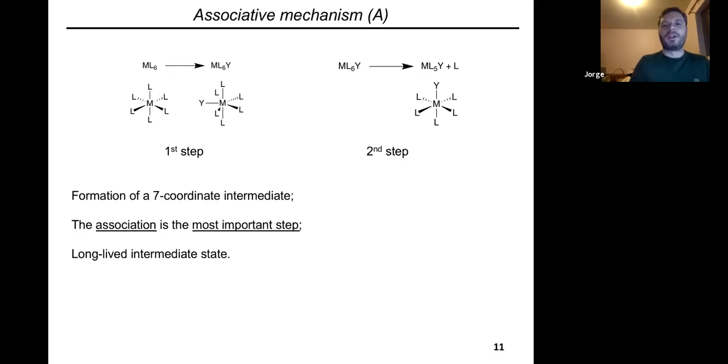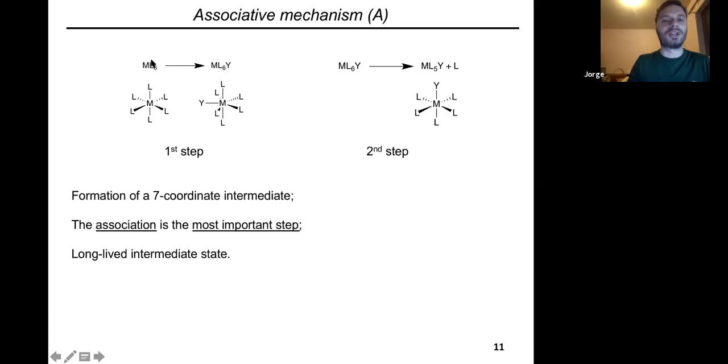Okay, the second type of mechanism is called the associative mechanism and is represented by A. In this case, the first step is the association between ML6 and Y, and that's going to form this intermediate complex ML6Y.